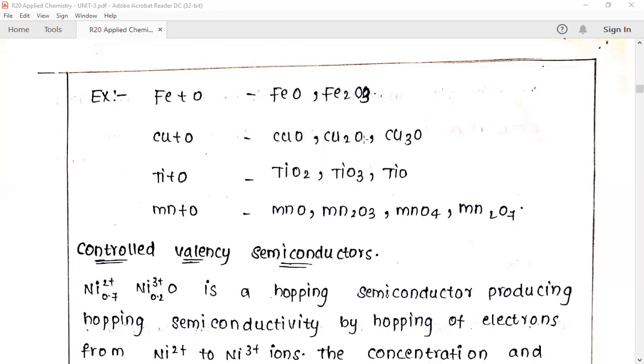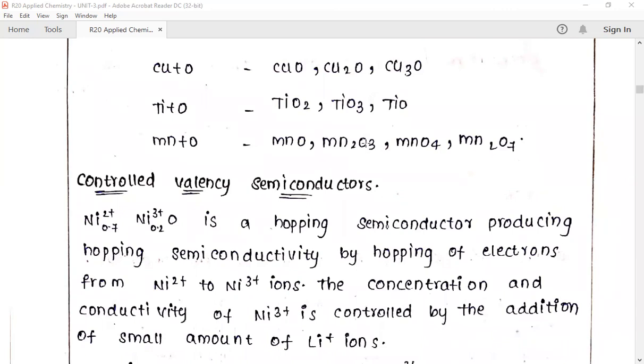This creates a donor level between the valence band and the conduction band.